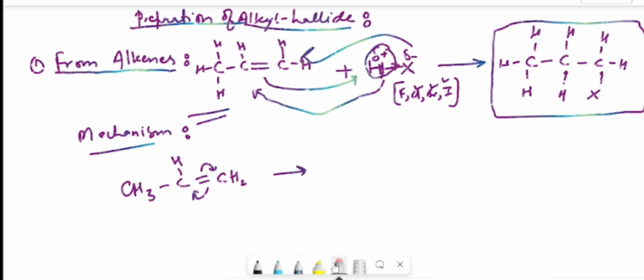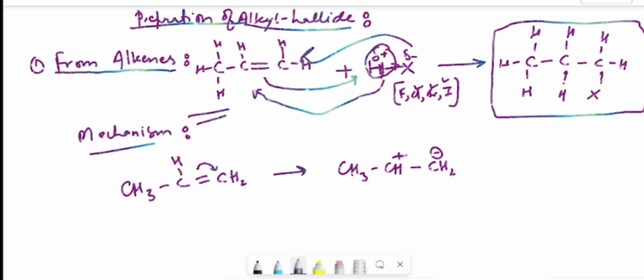This is the thing to be learned right now, whether it will shift towards the right or towards the left. First of all, if we shift the double bond towards this carbon, what will happen? The CH3, then CH, then the carbon CH2 would get a negative charge, and this would get a positive charge. Getting my point or not?